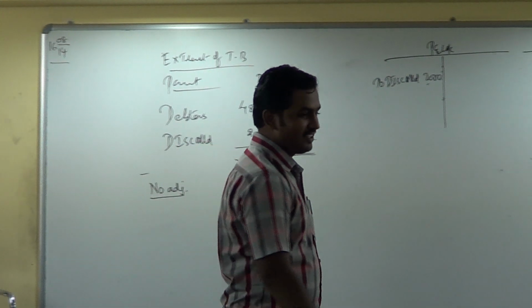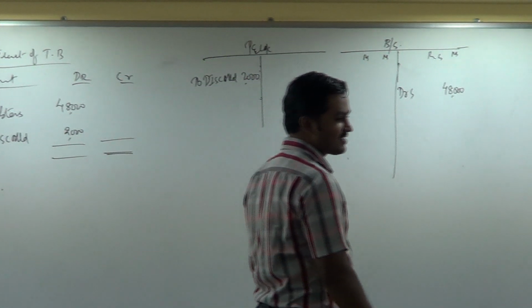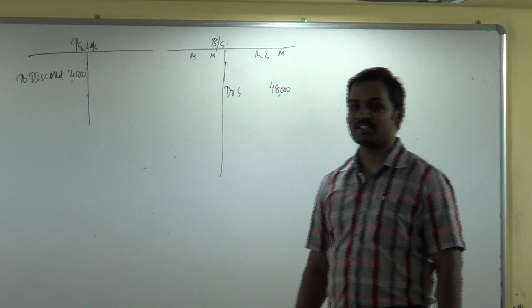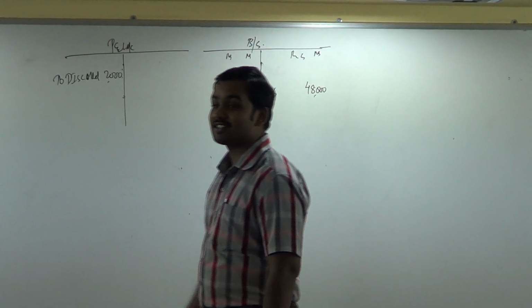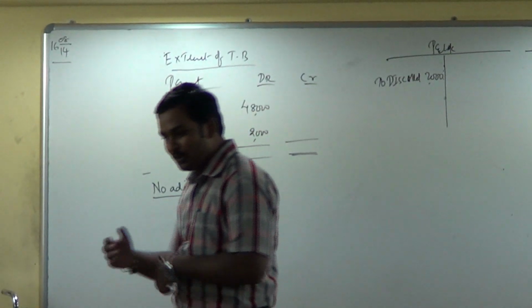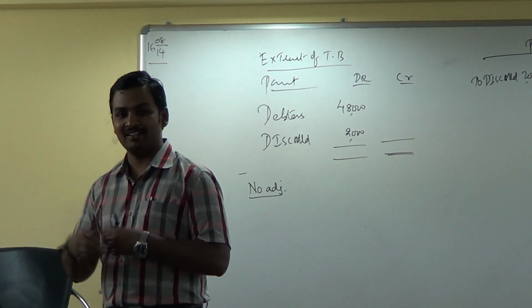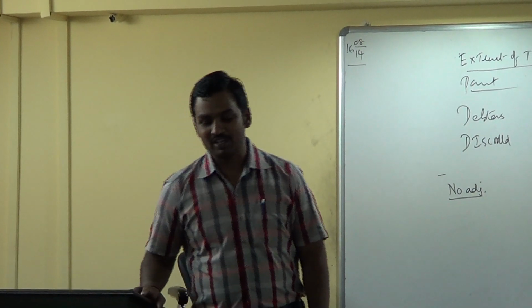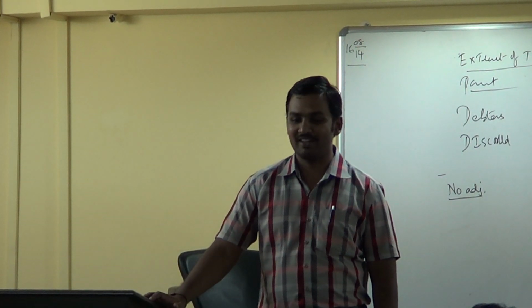99,000. Write down. Extract of a trial balance. Debtors. How much? 99,000. I am doing the same problems again, inside and outside. I am not changing the problems. So you should understand which problem I am asking you to frame again.